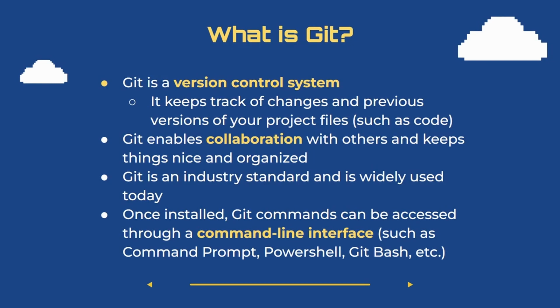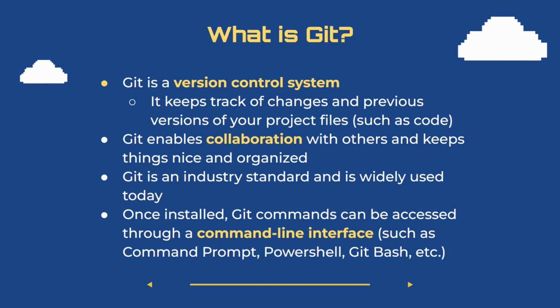So first off, what is Git? Git is a version control system. Basically, it'll help you keep track of your changes to the code that you make on your project throughout your development process. A really nice thing about Git is that it enables collaboration with other people, because when you upload your changes onto GitHub, they'll be on the website, on the cloud.